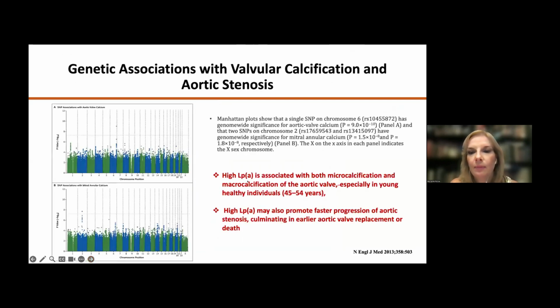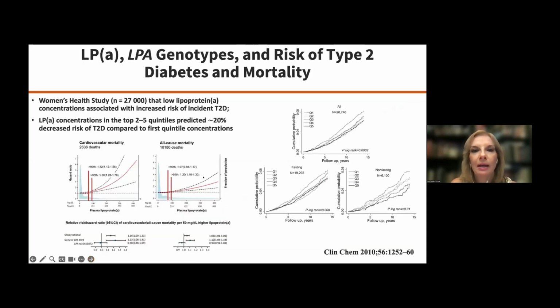And this is a Manhattan plot in another very important study, with SNPs that may affect more the progression of aortic stenosis. Probably high LPA is associated with both microcalcification and macrocalcification because it interacts with osteopontin in the aortic valve and promotes the faster progression of aortic stenosis. And we should keep that in mind.